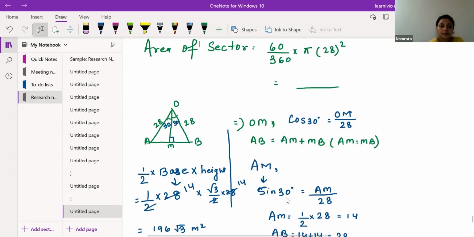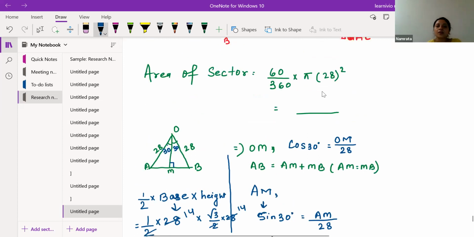Let's see what the area of the sector was. If we cancel out the 60 with 360, we get pi by 6 times 28 times 28.